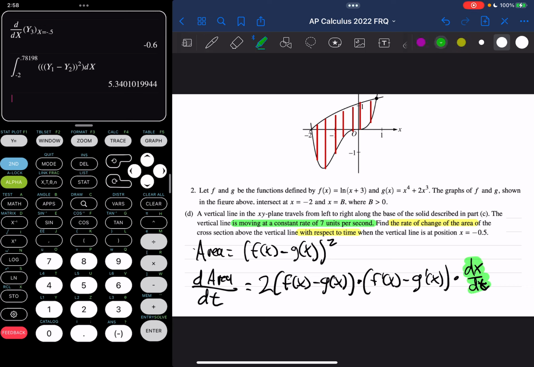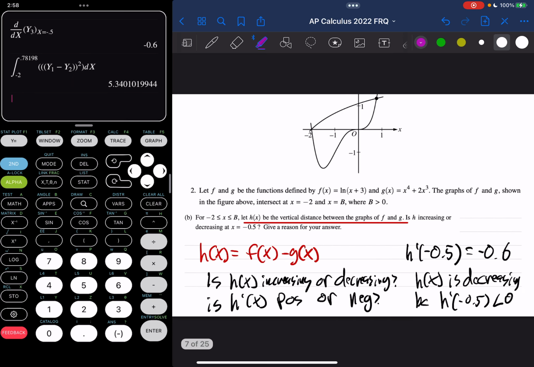All right. So now we can fill in some of these numbers. Actually, this right here, I believe we already have the answer for. If we go back to part B, there it is. We found h prime of negative 0.5. It's negative 0.6.